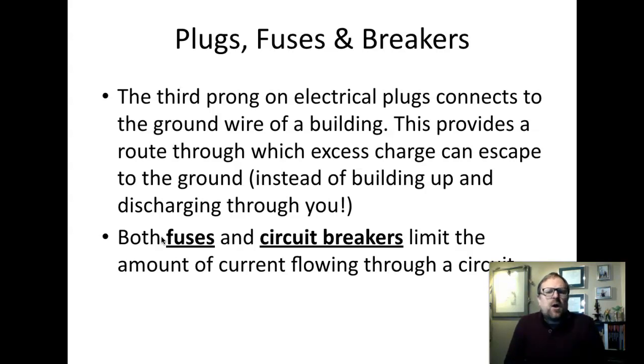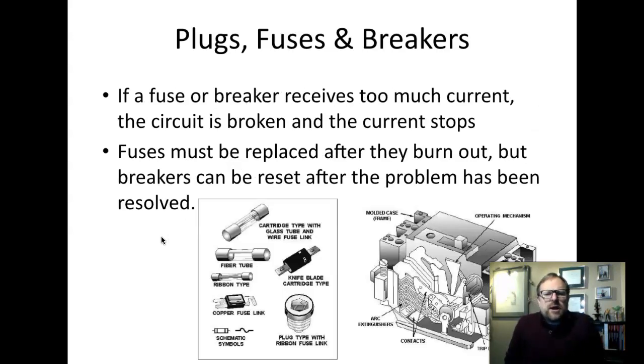Fuses and circuit breakers also limit the amount of current flowing through a circuit. If a fuse or breaker receives too much current, the circuit is broken and the current stops. Before we redid our kitchen in the house, we used to have a couple of circuits where if I was operating, let's say, the microwave and my popcorn maker, because I wanted to pop my popcorn and have my butter melted as well, if I did both at the same time, I would blow the breaker, because the microwave is pulling a lot of current and the popcorn maker is pulling a lot of current.